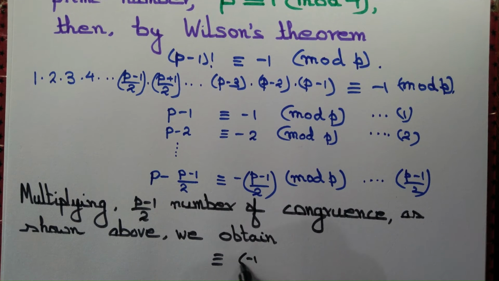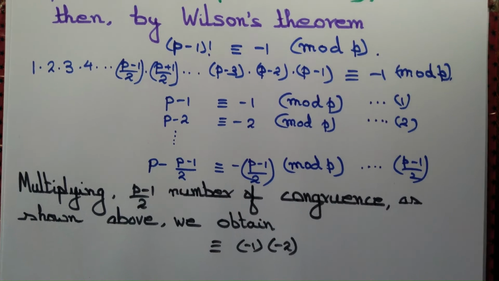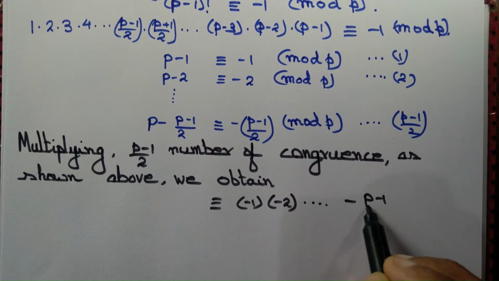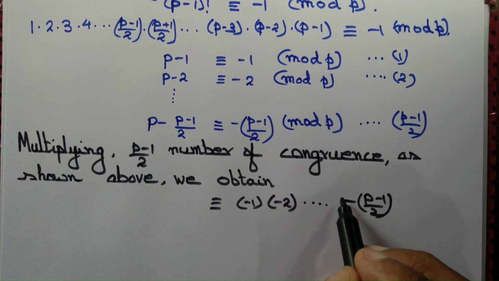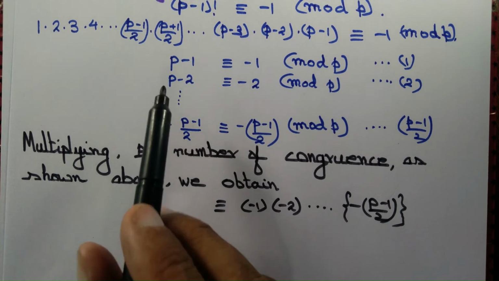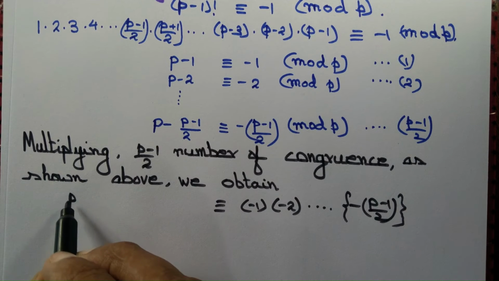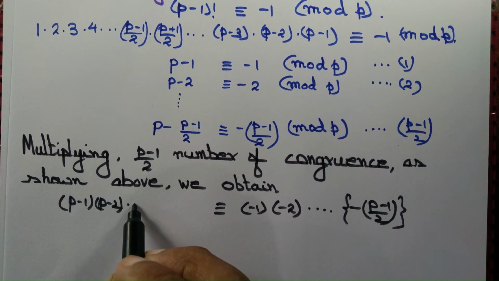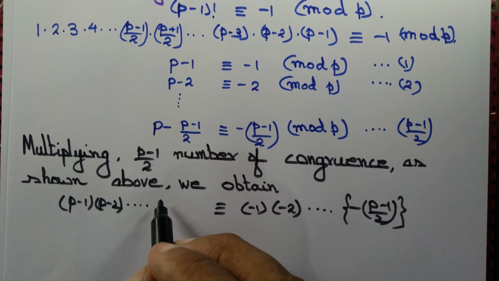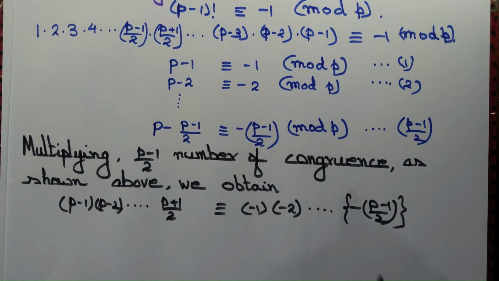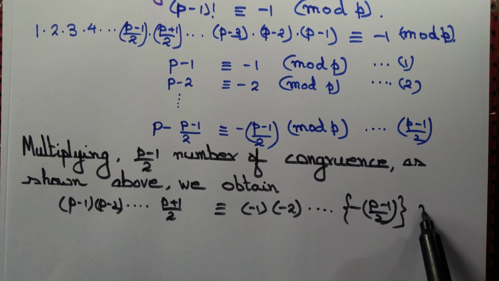Minus 1 times minus 2 and so on up to minus of p minus 1 by 2. How about the left hand side? P minus 1, p minus 2, and so on up to this is just p plus 1 by 2. Of course, mod p.